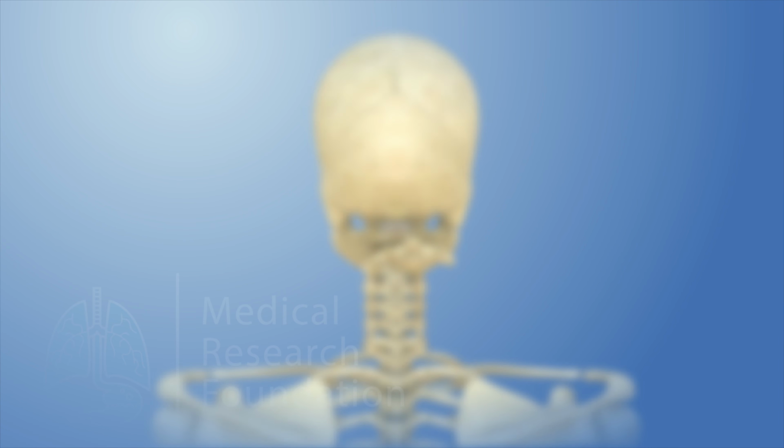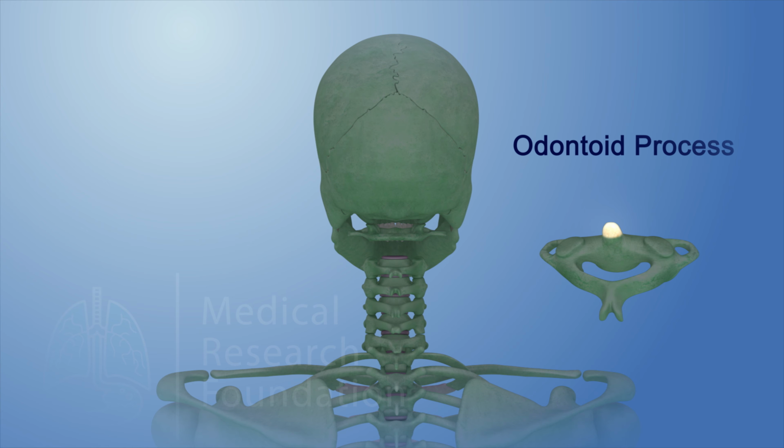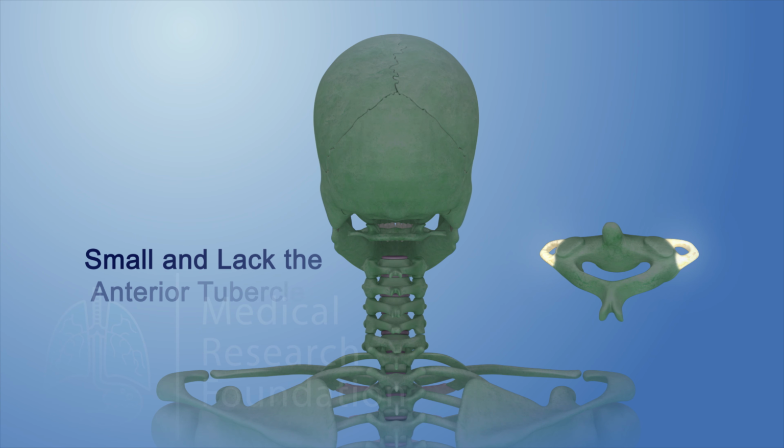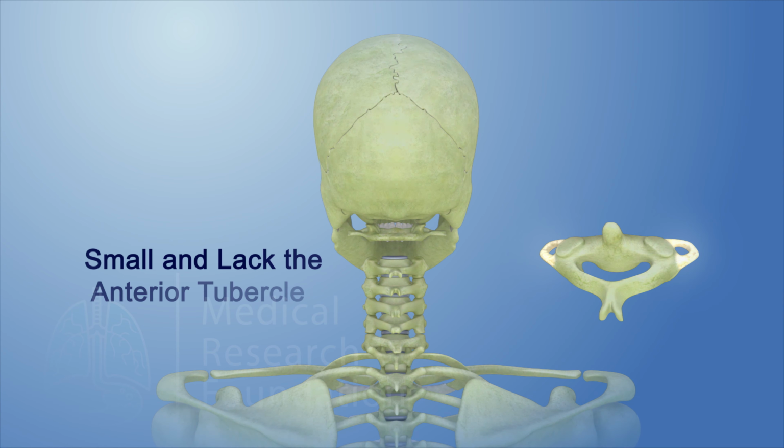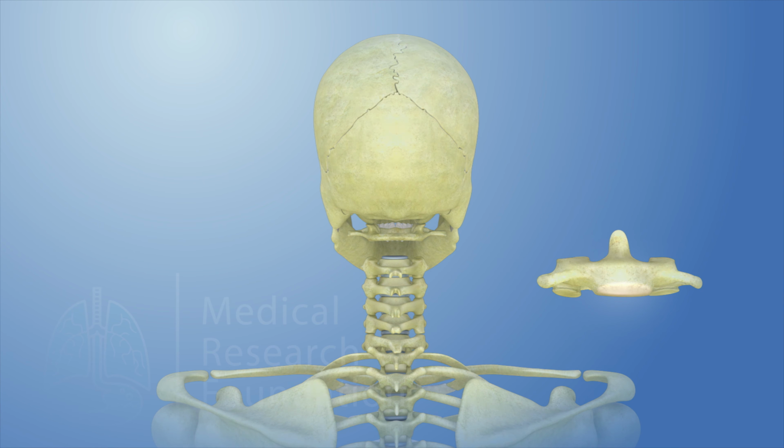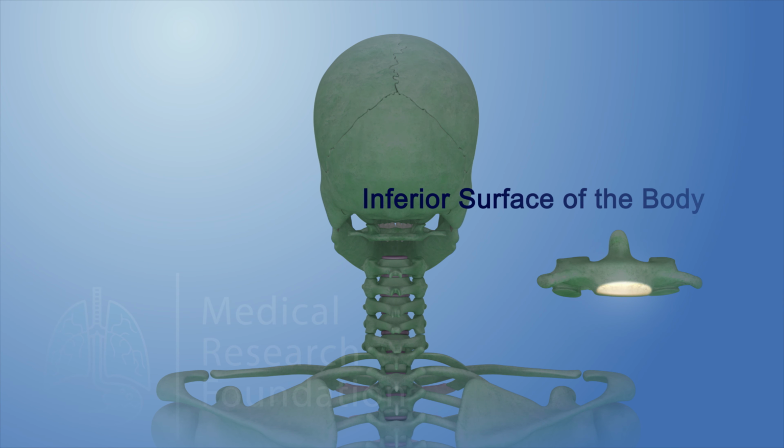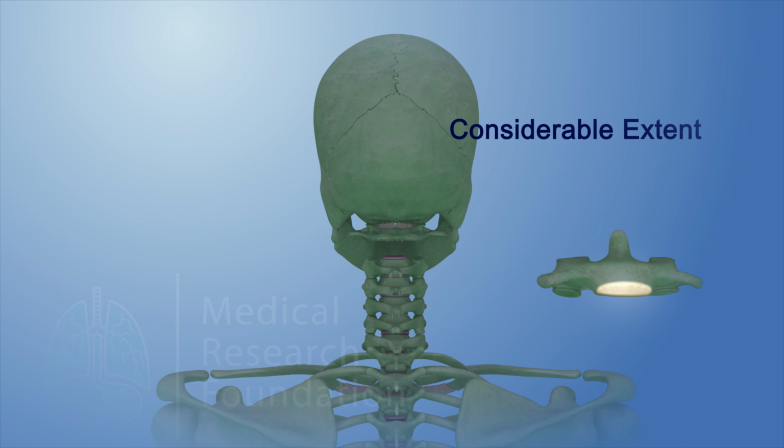Second cervical, axis. Presence of odontoid process. Transverse processes are small and lack the anterior tubercle. Anterior margin of the inferior surface of the body projects downwards to a considerable extent.